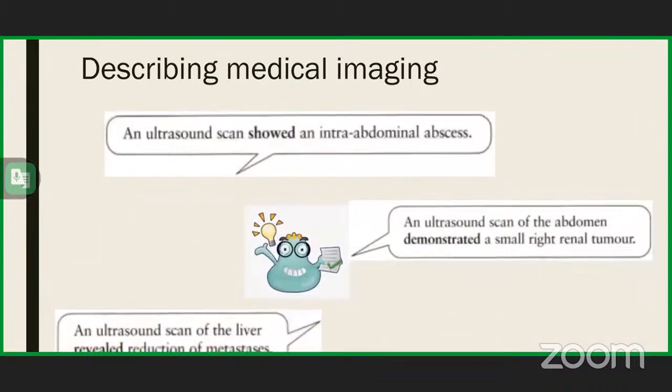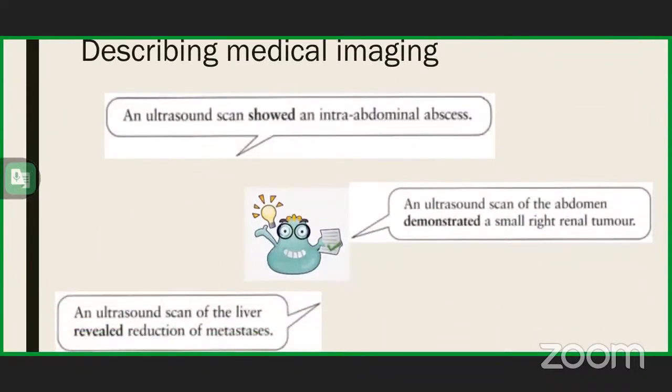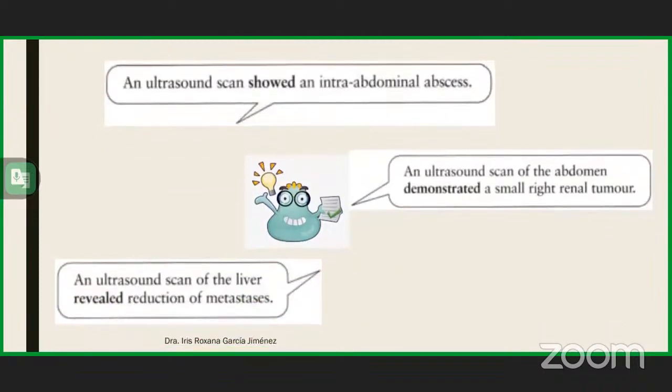As a general view describing a medical imaging, we can use these expressions, these verbs that are in black words. For example, we can say an ultrasound scan shows an intra-abdominal abscess. Another way to say it, an ultrasound scan of the abdomen demonstrated a small right renal tumor.